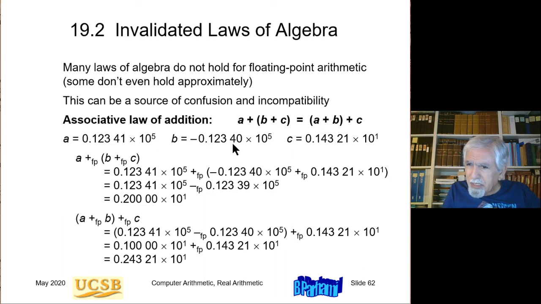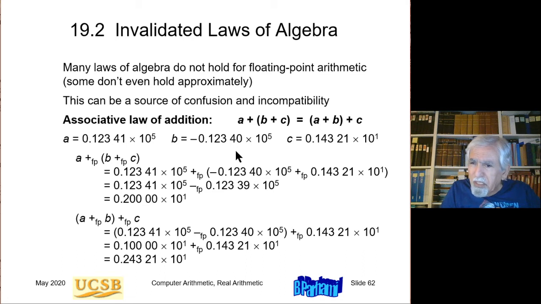Their exponent is 10 to the 5. C is fairly small, relatively speaking. Its exponent is 10 to the 1. Furthermore, these two numbers are pretty close in magnitude. They have different signs, so we can expect that cancellation may lead to problems.